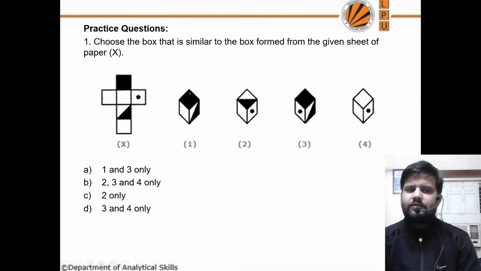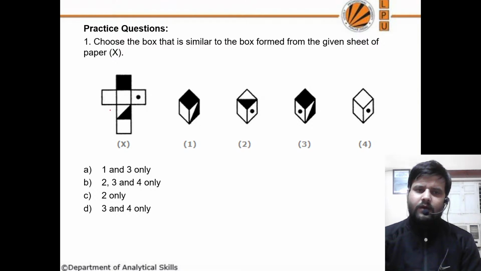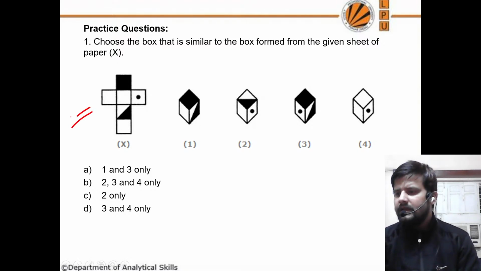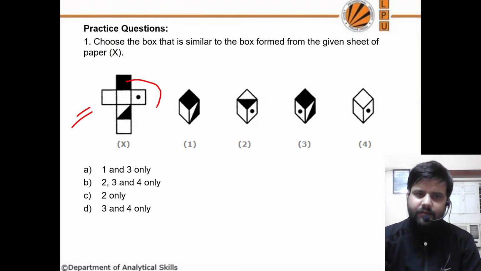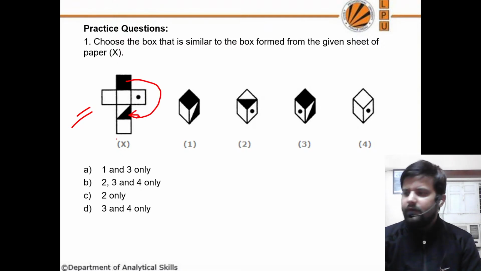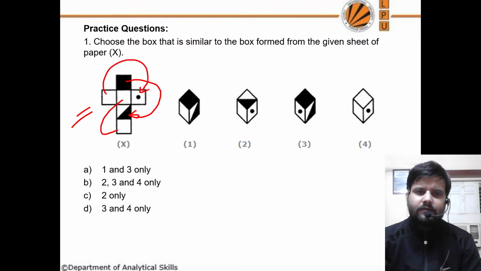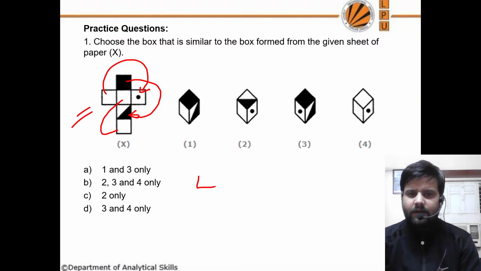Okay, let's solve this question. Now see here. What we know as a rule is alternate pairs. So this will be opposite to this when we fold it. This will be opposite to this when we fold it. And this will be opposite to this when we fold it. So now I'm writing which opposite pairs there would be. The first opposite pair: when it is like this, black is facing this.